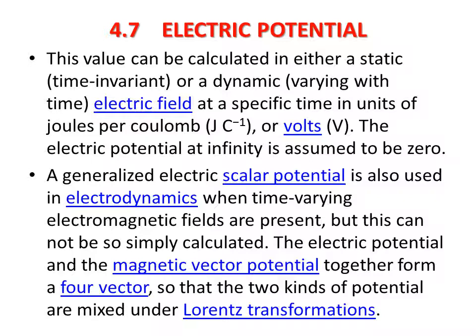A generalized electric scalar potential is also used in electrodynamics, when time-varying electromagnetic fields are present, but this cannot be so simply calculated. The electrical potential and the magnetic vector potential together form a four-vector, so that the two kinds of potential are mixed under Lorentz transformation.